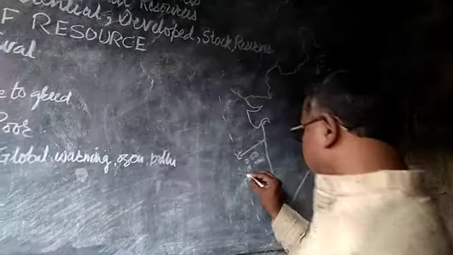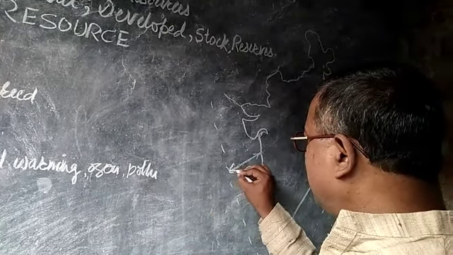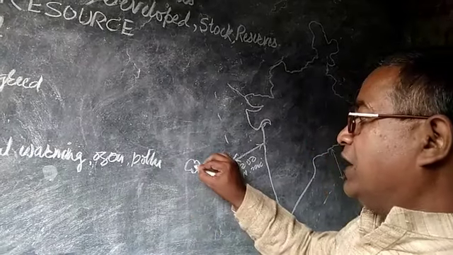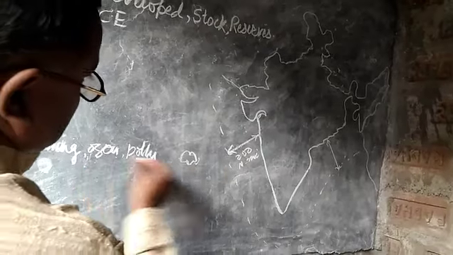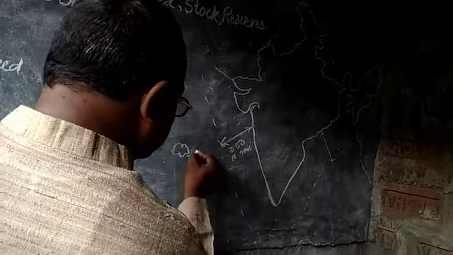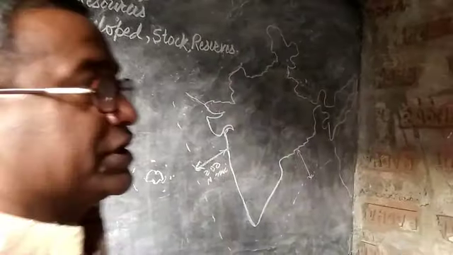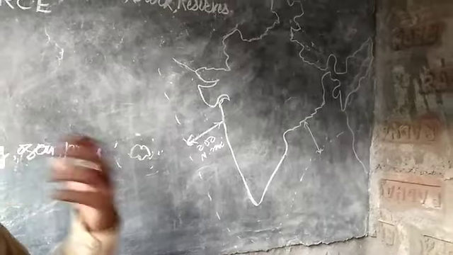Suppose in the Indian Ocean, after 200 nautical miles, if any resources are found and no country is close, these are considered international resources.